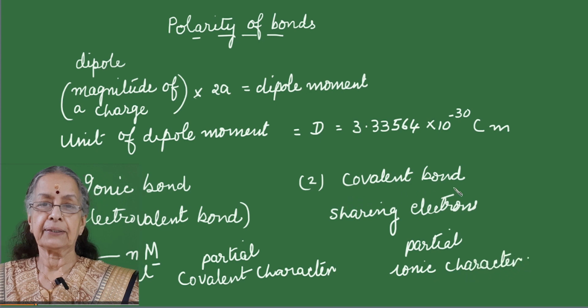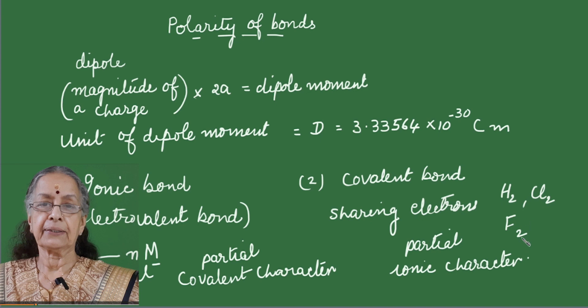In the case of covalent bond, if it is 100% covalent bond, that is 100% sharing of electrons, the shared pair of electrons will be in the center between the two nuclei. That happens only in molecules like hydrogen, chlorine, fluorine, etc. That is in homonuclear molecules.